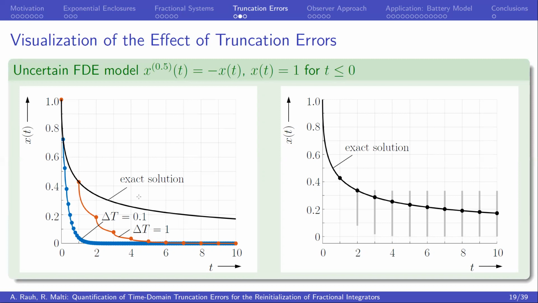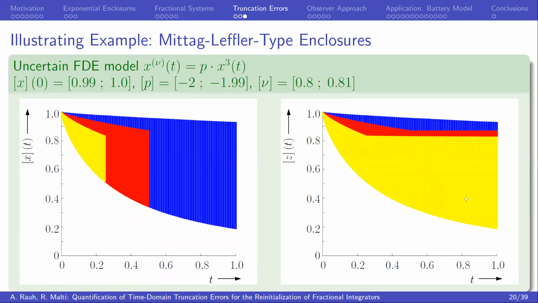We can solve this problem by using the corresponding guaranteed constant error bounds mu from the previous slides. In this way, we end up with interval enclosures, here in gray, that contain the exact solution. For nonlinear system models, one can effectively use such error bounds to reduce the width of the computed interval enclosures.